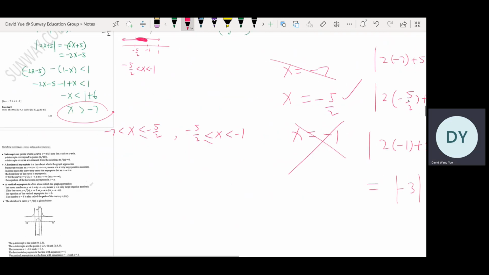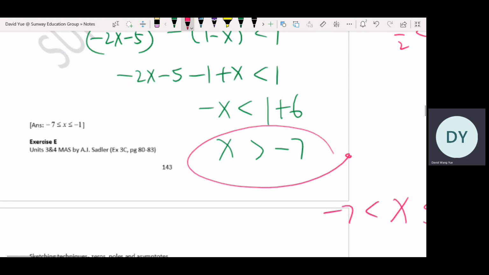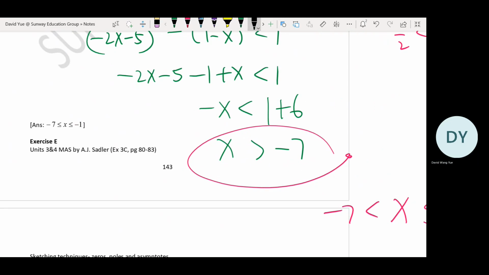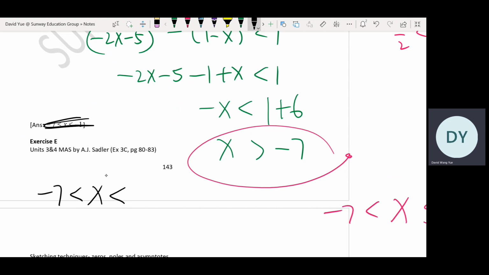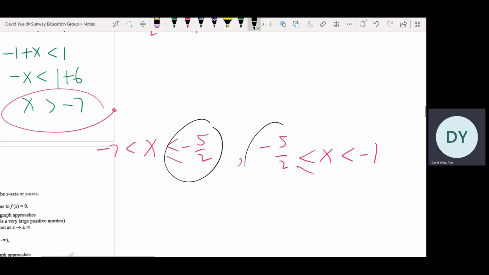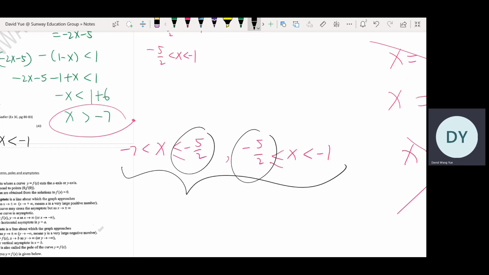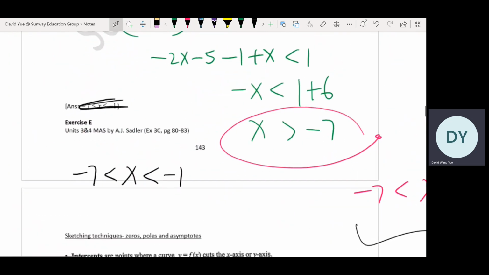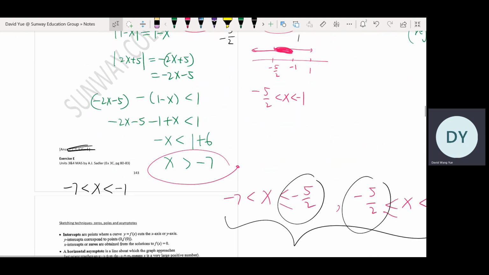That's why the solution here is not very correct. x is just bigger than -7 and smaller than -1. And because x equal to -5/2 is no problem, I can combine this into one interval. That's why the final answer is -7 less than x less than -1.